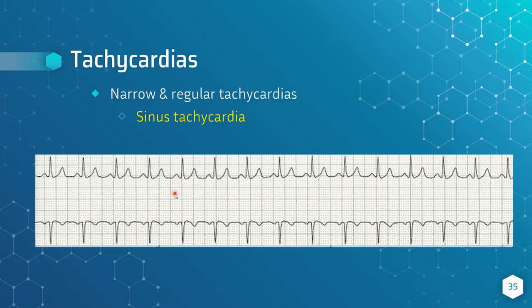Now, it's very interesting. So the fastest sinus tach you can develop in general is usually going to be age dependent. So if you take 220 minus your age, so if you have a 20-year-old, for example, that gives you your highest heart rate you can have that's sinus tach. So if you're a 20-year-old, so 220 minus 20, you can potentially have a heart rate of 200 being in sinus tach.